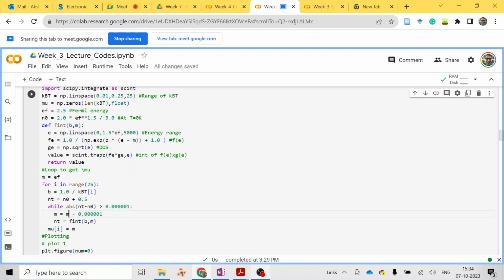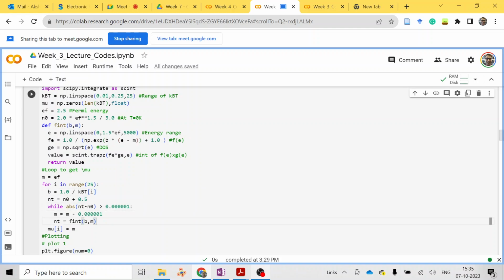Alright, so while this difference is greater than the threshold, we reduce our mu by a very small value and then again calculate our NT, the total number of electrons at that temperature.